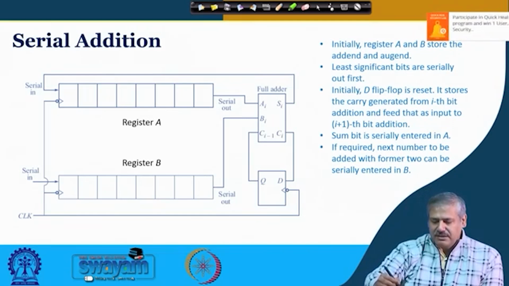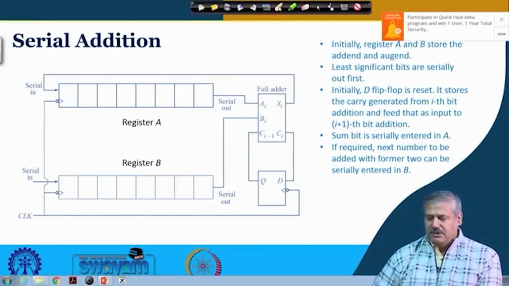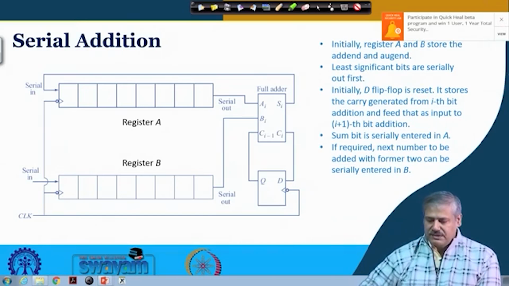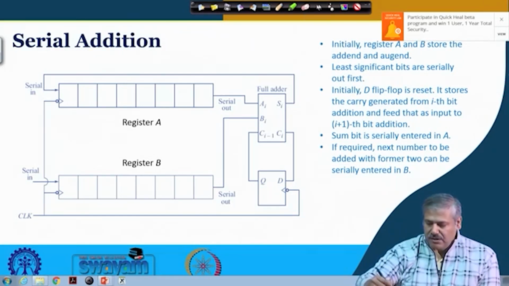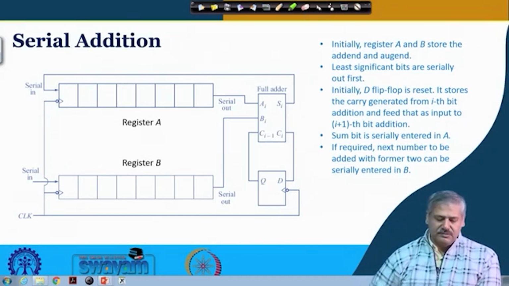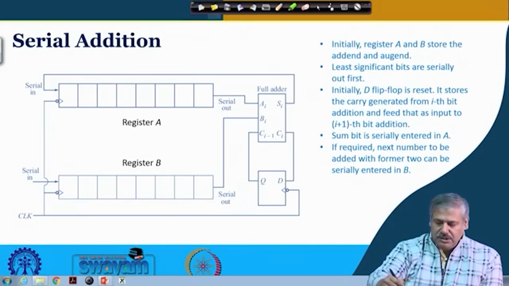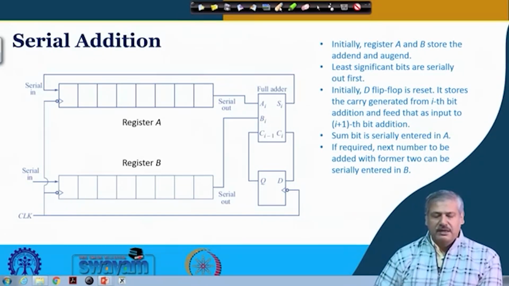So, in serial addition what we have is two shift registers we are putting. One is register A and register B. In this the addend and augend are put.